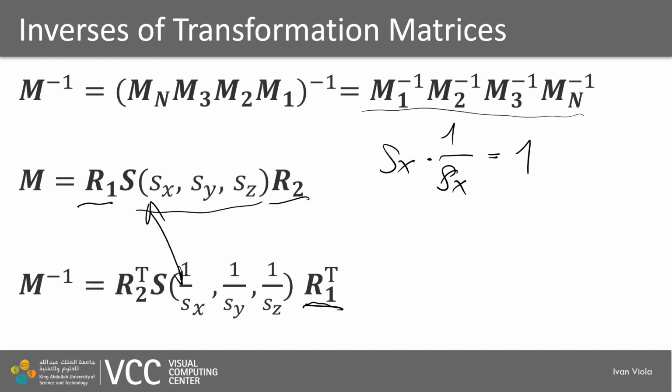So the reciprocal of the previous scale will unscale our object. The last element here is the first rotation, which we have done, the R2, but again inverse, which is the transpose in the case of rotation matrices.